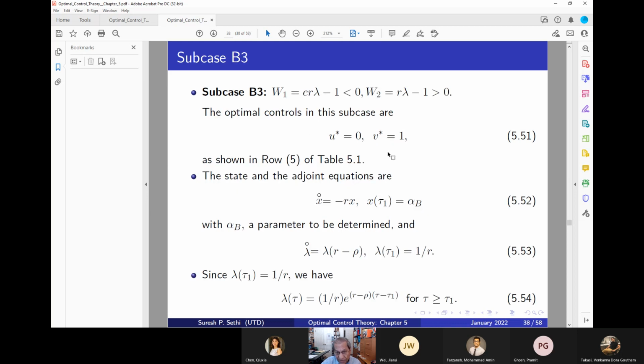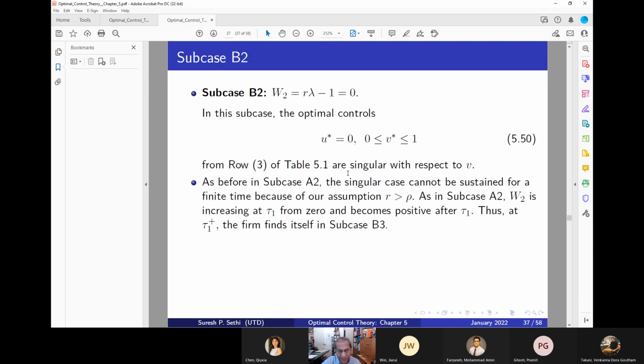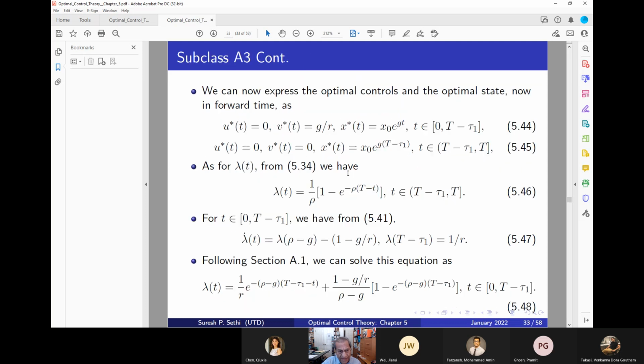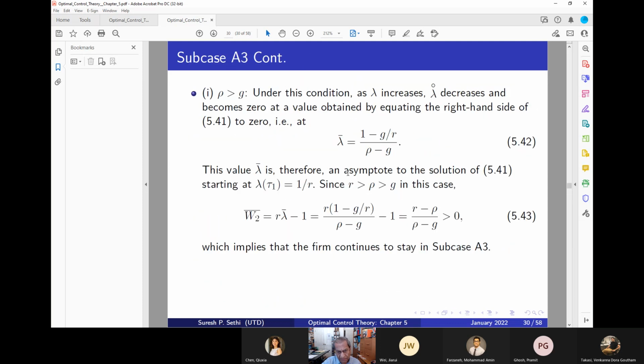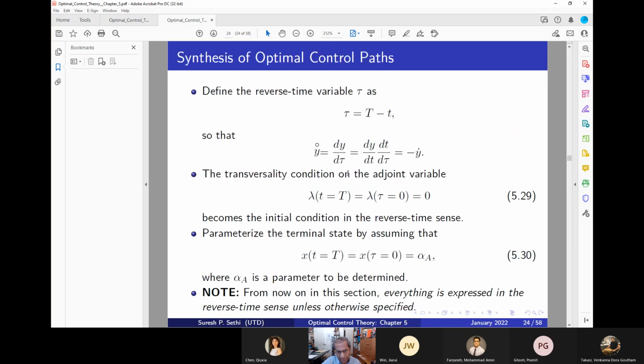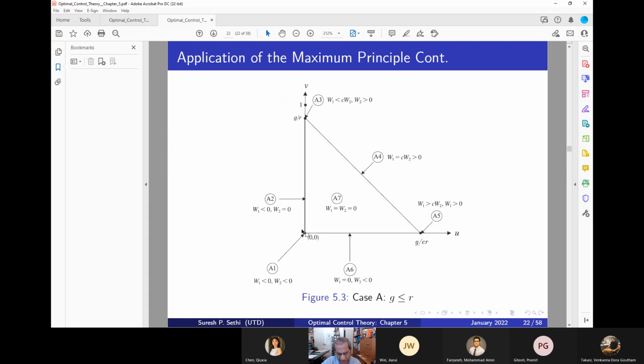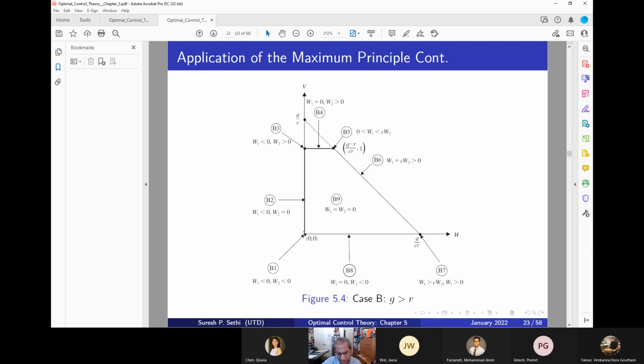So B3 is now different. Now let's see what is happening with A3 and B3. So we were here. Then we found that there's nothing going on there. We can only stay at one point in time, and then we got here and we were done. So that was our entire solution. Now, in this case, we were here.